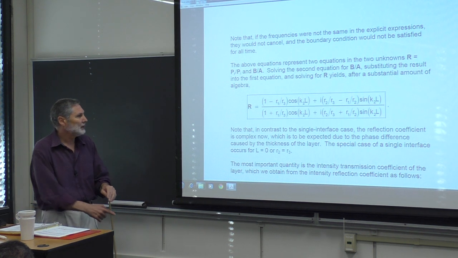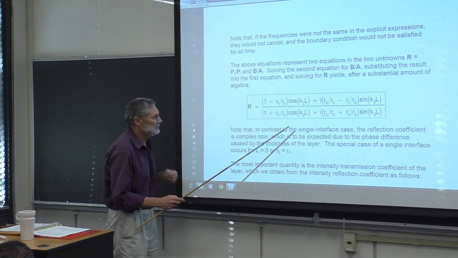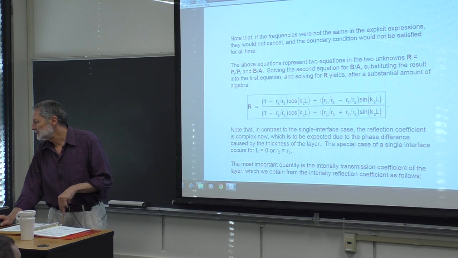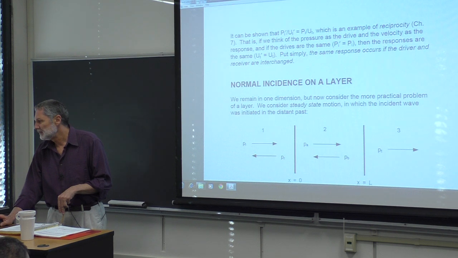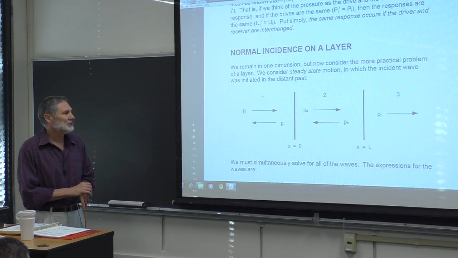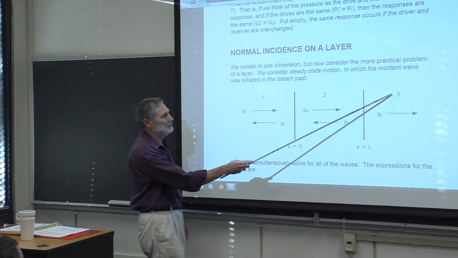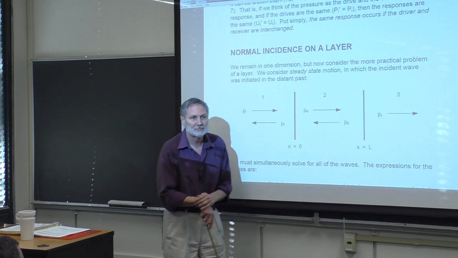Now, I should point out, and I'll let you do this if you're interested, that this is actually a generalization of our previous case. For example, what if L is equal to 0? We get back to the other case, except we're calling this medium 3 where before we called it 2. That's true.